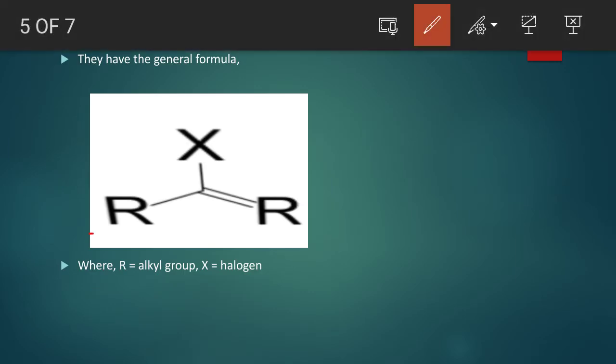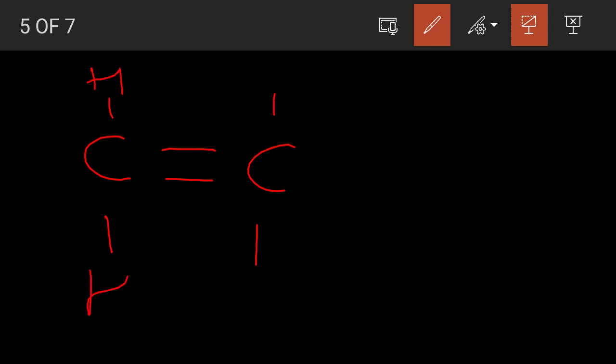Here this is the general formula for the alkenyl halides. This is an alkene. Here these three are hydrogen atoms, and here also one hydrogen atom is there. This is the formula of ethene.